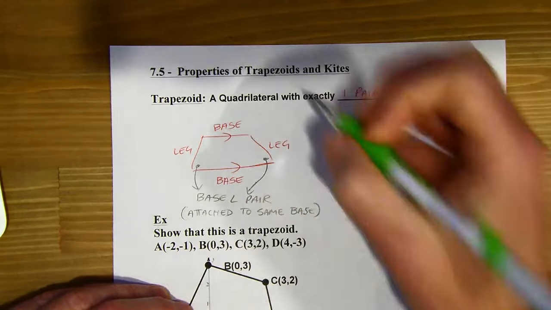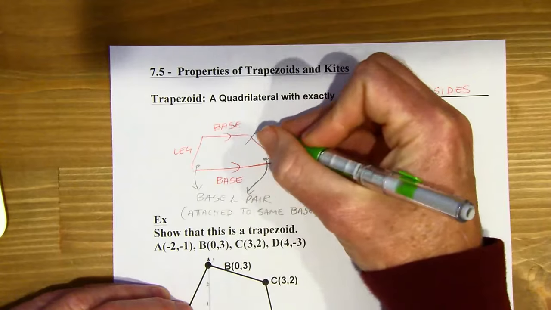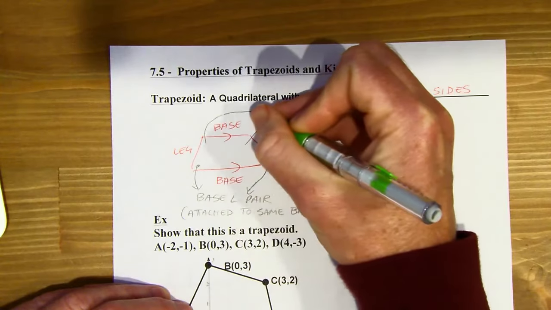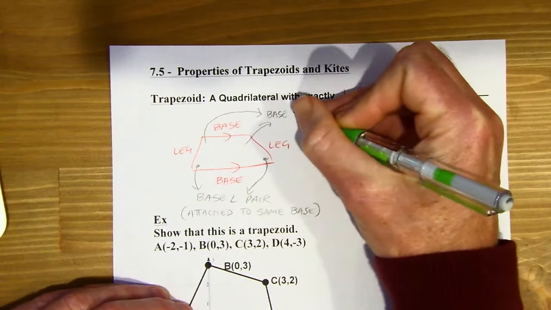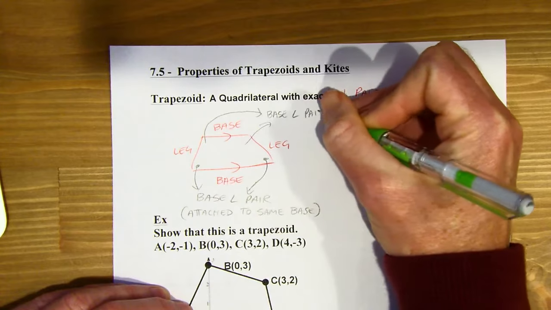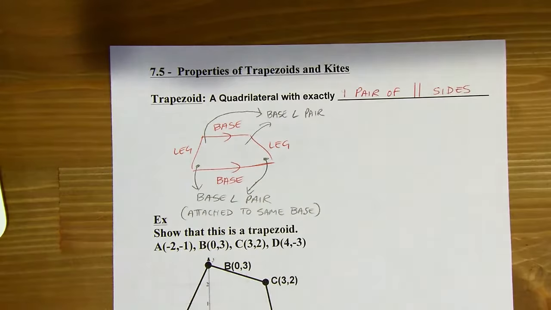And this and this, that would be another base angle pair, right? Because those two are attached to the base at the top. And that's going to become important a little later in the notes.